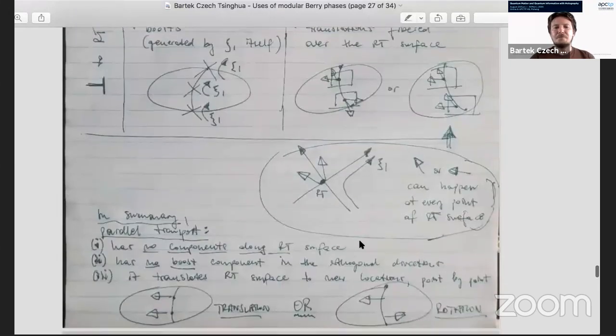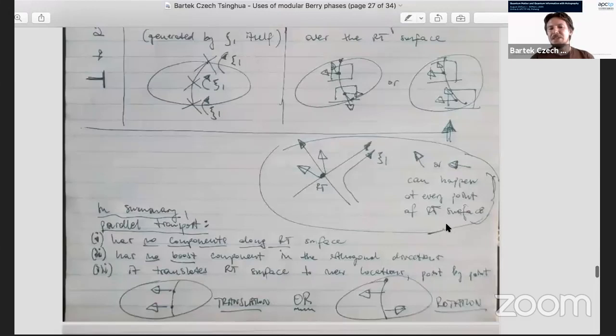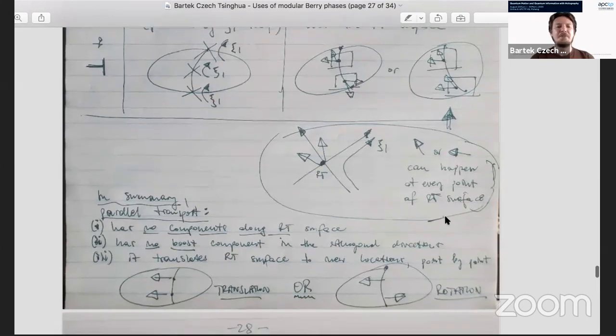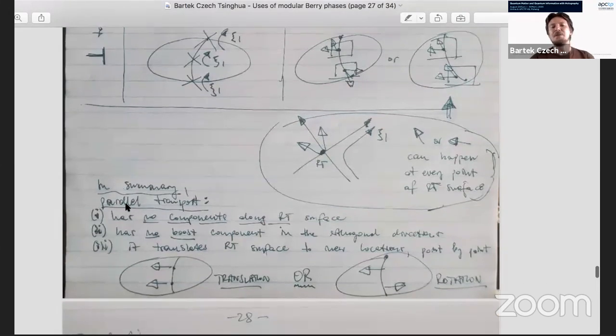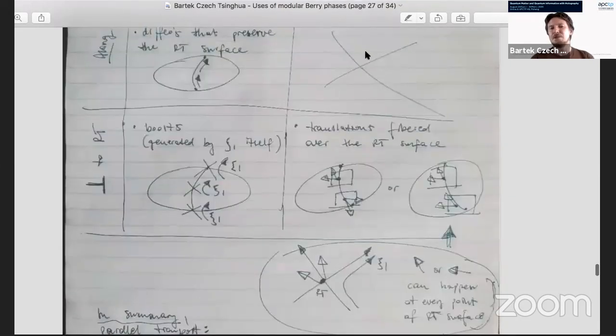Okay, so this picture is just saying that translations can happen at every point of the RT surface, but independently at every point. So a summary of what parallel transport in the bulk can do is that it has no components along the RT surface. That's what we concluded here in this line of the table.